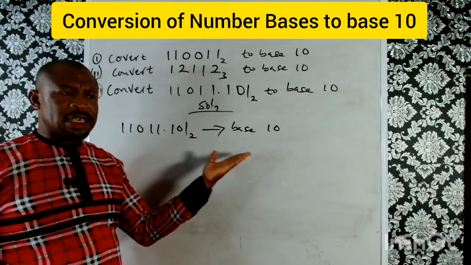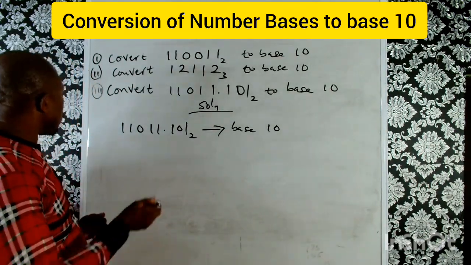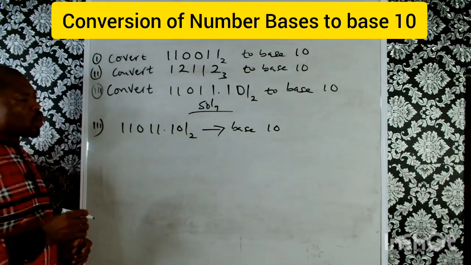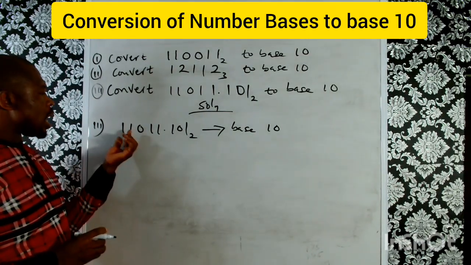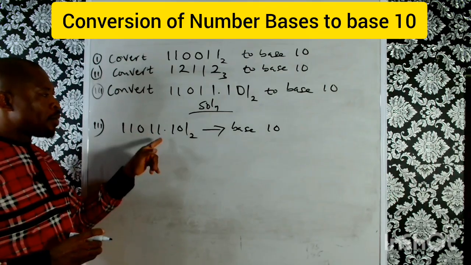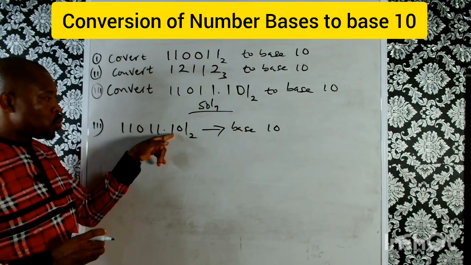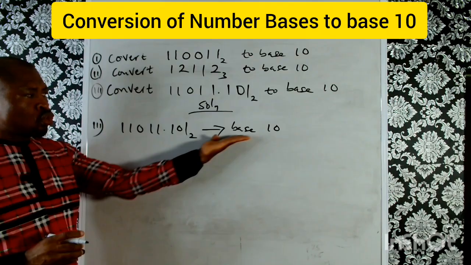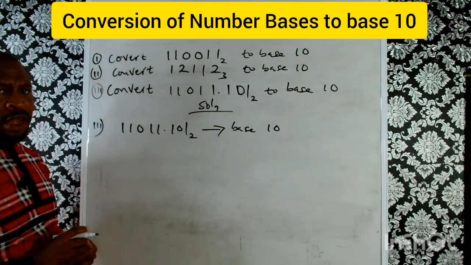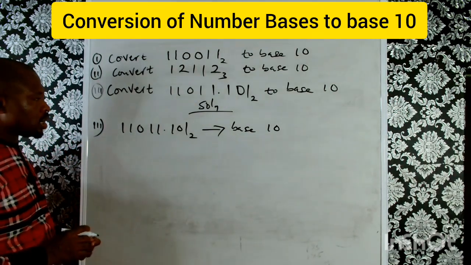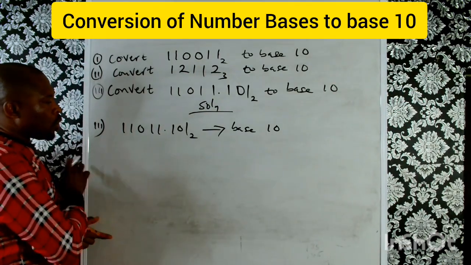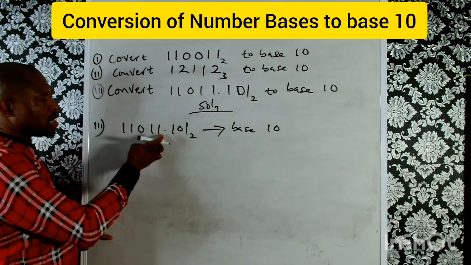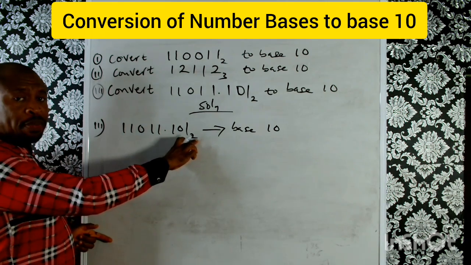Now we have this one, the number 3, and this one says convert 11011.0101 base 2 to base 10. Now, how do we convert that? As usual, multiply each of these digits with the base.